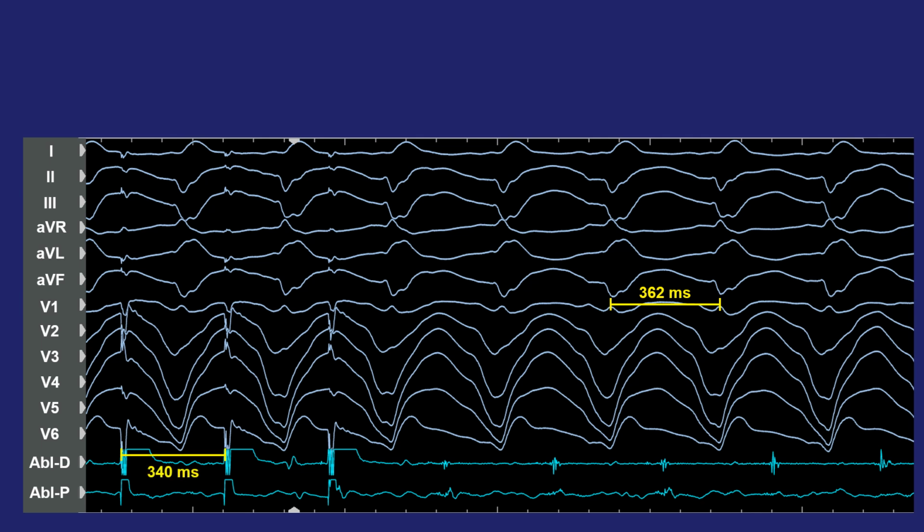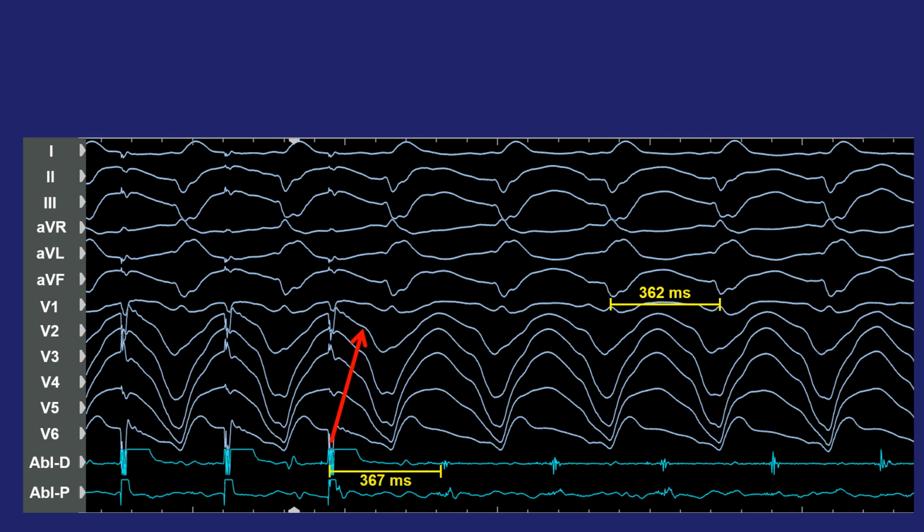We paced here at 340 milliseconds, a little faster than the tachycardia. Let's see, did we accelerate the VT to the pacing cycle length? Yes. And which is the last advanced QRS? It's this one. Okay. What is our post-pacing interval? It's this, right?